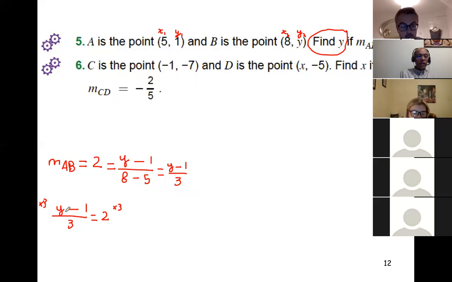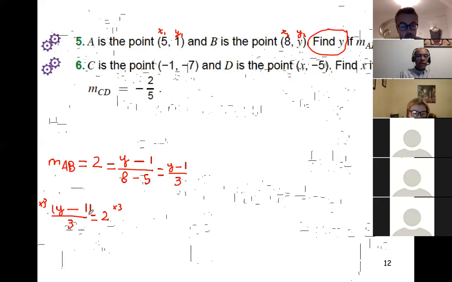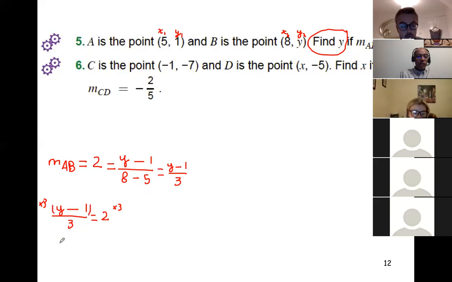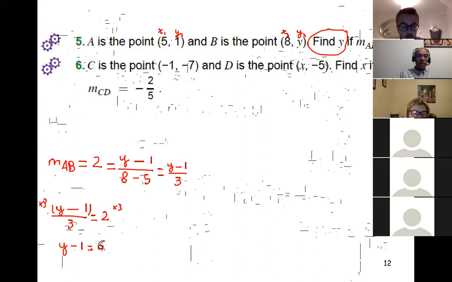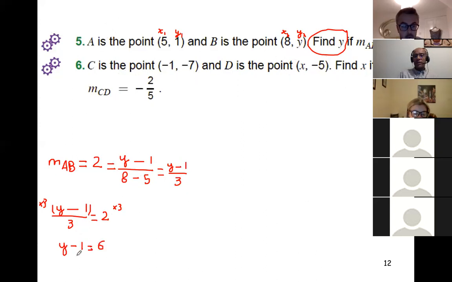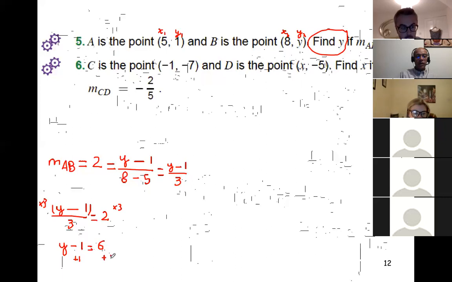So 3 times y minus 1 divided by 3. 3 divided by 3 is 1. So you end up with y minus 1 on that side equal, what's 3 times 2? 6. Now you can see what y is. What is the opposite of taking away 1? Add. So I add 1 here, and I add 1 here, and I've got my y.